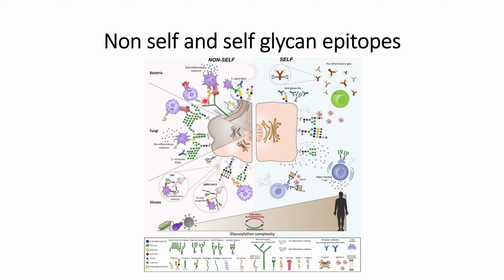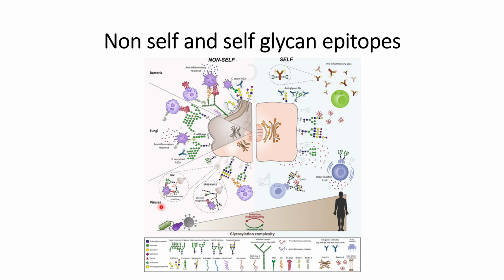Here the number of branches is low, whereas when the carbohydrates are generated in fungal microorganisms, the number of branches of high mannose glycan epitopes is higher. Such glycan epitopes are found in S. cerevisiae, and they generate a pro-inflammatory response whenever the dendritic cells recognize them.